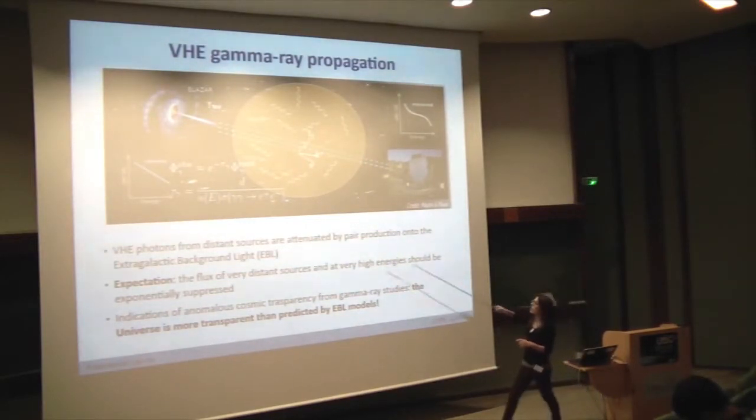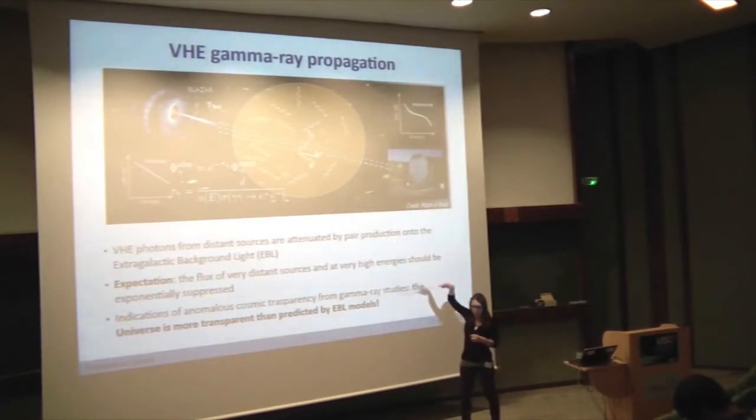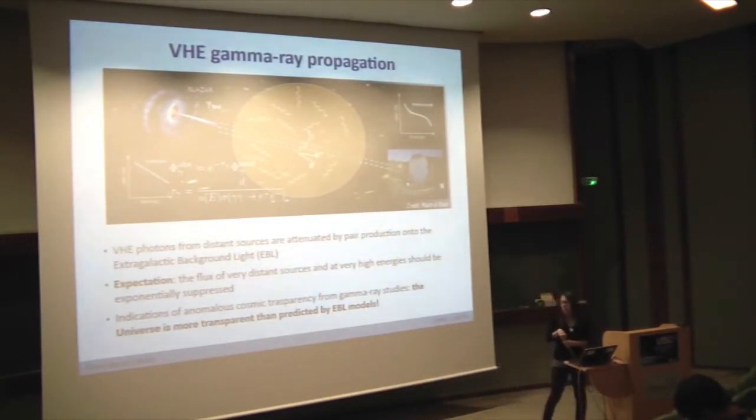Interacting with a very high energy photon, it can lead to a pair production of e plus, e minus, and therefore deplete the high energy flux of photons emitted by the source itself.